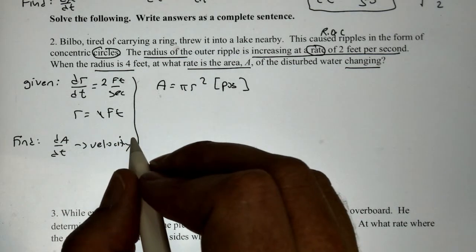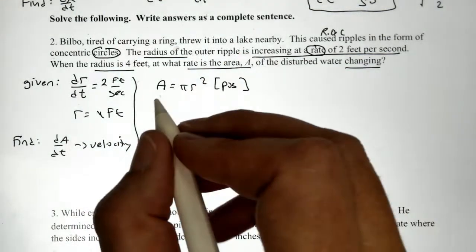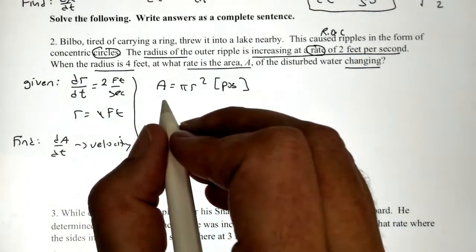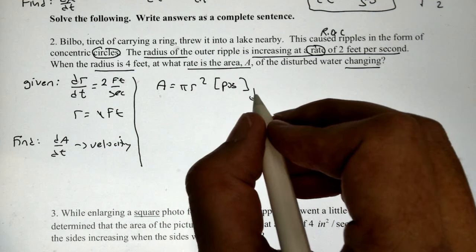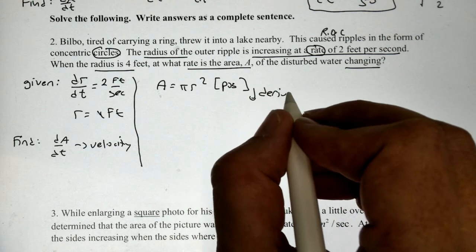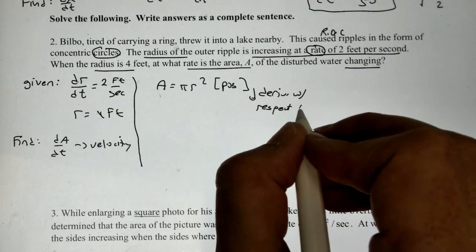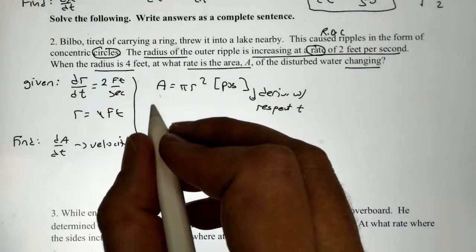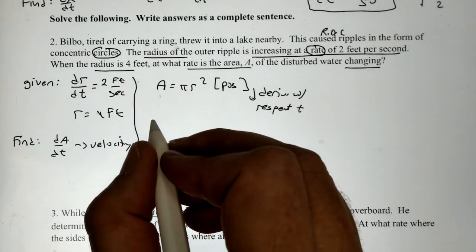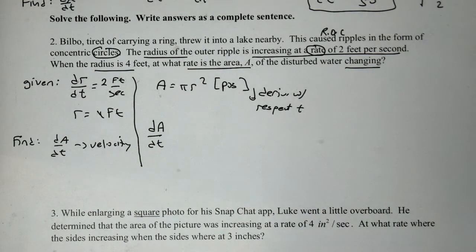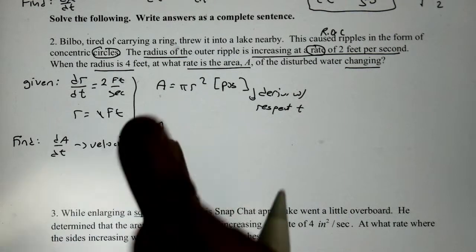So we talked about this earlier: if you take the derivative of position, you get velocity. But remember, we're going to take the derivative with respect to time, or in this case, t. So when I take the derivative of area, that's going to give me dA/dt. If I took the derivative with respect to w, it would be dA/dw.